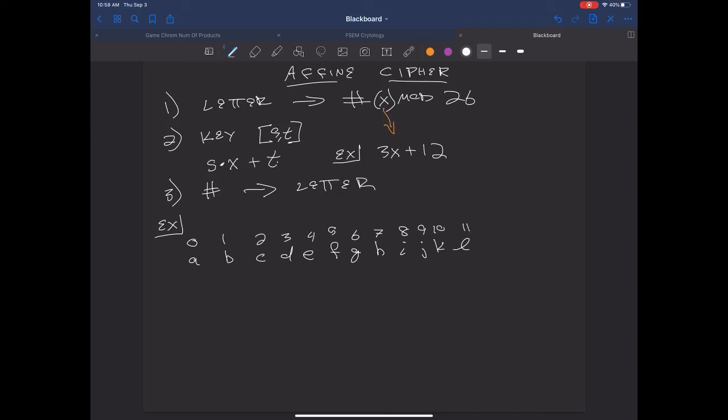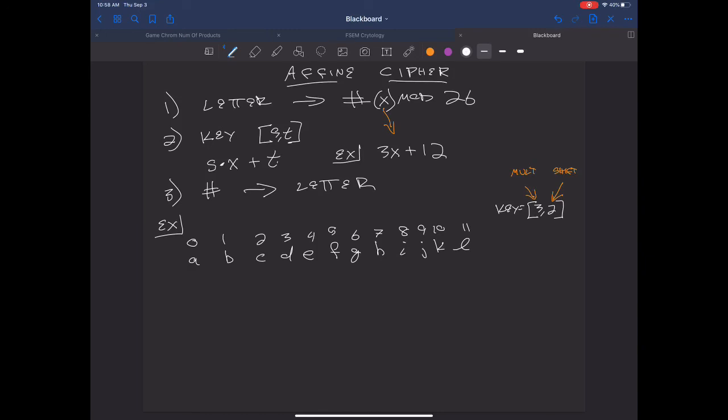And we are going to use the key 3, 2. All right, so 3 is the multiplicative key, 2 is the shift key. And it's always written in that form, the multiplicative key going first.